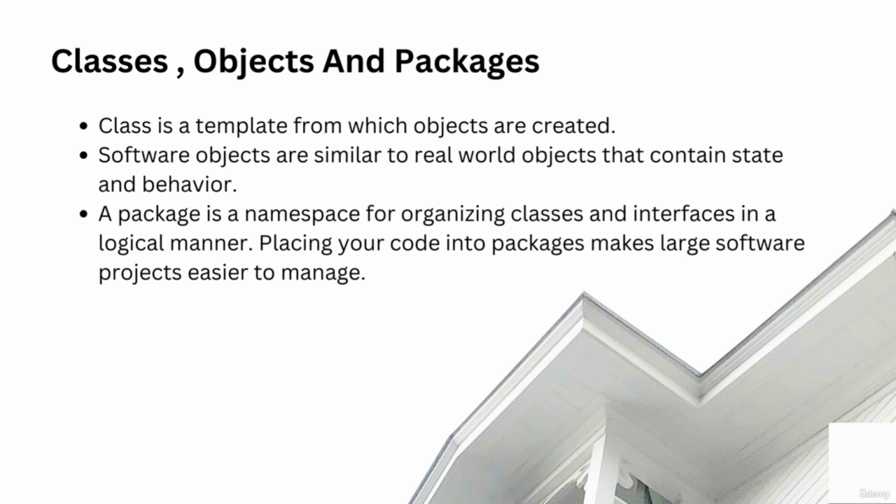For example, in the case of a car, the state is its current attributes like its make, model, year, while its behavior is its actions or operations it can perform like starting, accelerating, braking, etc. Packages help you organize your code so that it becomes easy to manage. Let's see an example now of packages, classes, and objects in the next video.